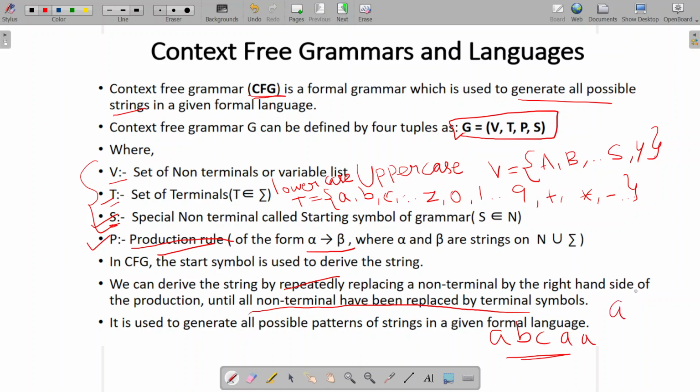It should not have something like a, capital B, c, because capital B is an uppercase letter which indicates a non-terminal. So our objective is to reduce all non-terminals to terminals. That is how we derive a string. So it is possible to generate all possible strings in a given formal language.